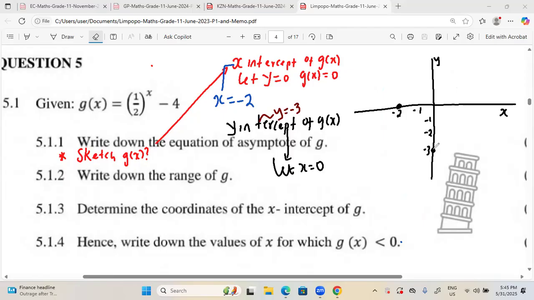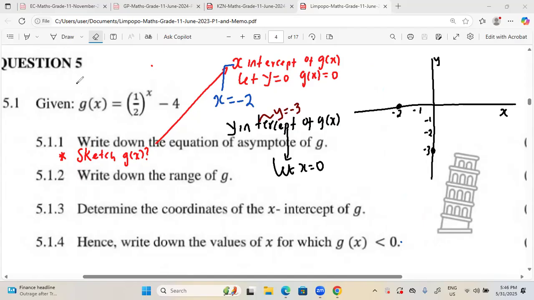This is your y-intercept. Now, when you are sketching this exponential graph, remember that it has a horizontal asymptote. I told you that an exponential function has only the horizontal asymptote, which is the y asymptote. Do you still remember how we find that y asymptote?